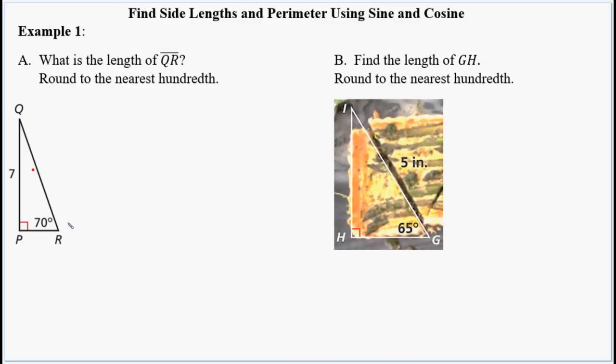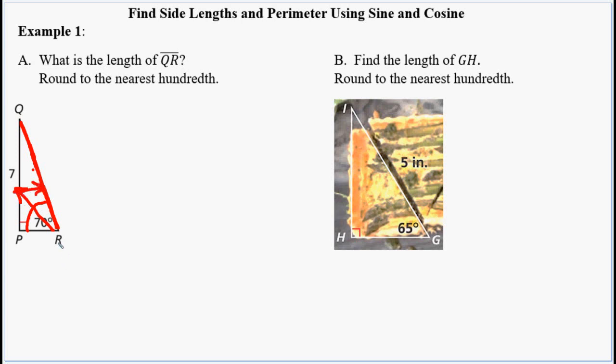We've got our right triangle here. What is the length of QR? So QR is the hypotenuse. We've got this angle is 70 degrees. Now when you're trying to figure out what trig function to use, it comes down to the side that you have and the side that you want. In this triangle, we have the opposite side.